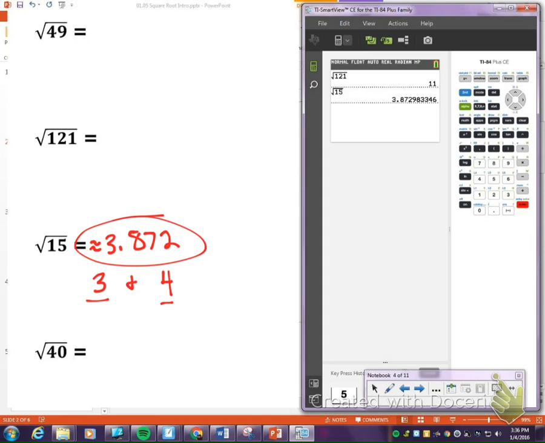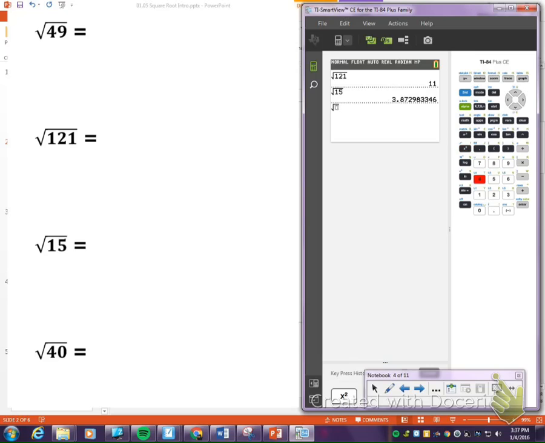So let's do another one, and let's do the square root of 40. Again, it's not a perfect square, so I'm going to come over to my calculator. I'm going to say I need the square root of 40. And if I look at that, see how I get that long decimal number? Anytime you get a lot of decimals coming in, that's not what we're looking for.